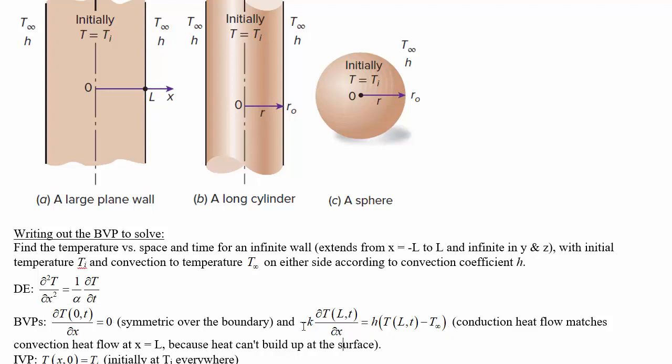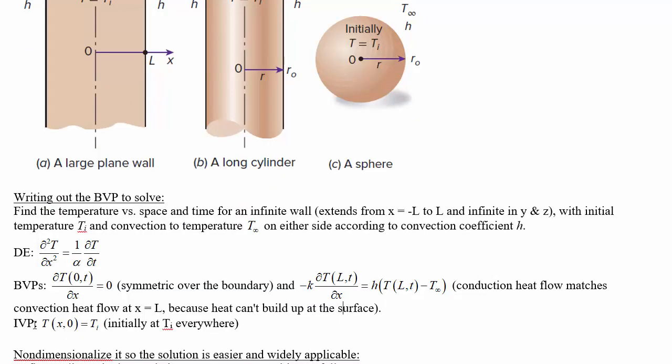Okay, so that means that negative K del T by del X, this is the conduction heat flow per unit area at the edge, so at X equals L at any time, has to equal the convection heat flow there. So H times the temperature at that spot at L, T minus T infinity. This would be the convection heat flow out of the wall and the conduction heat flow out of the wall as well. They must match.